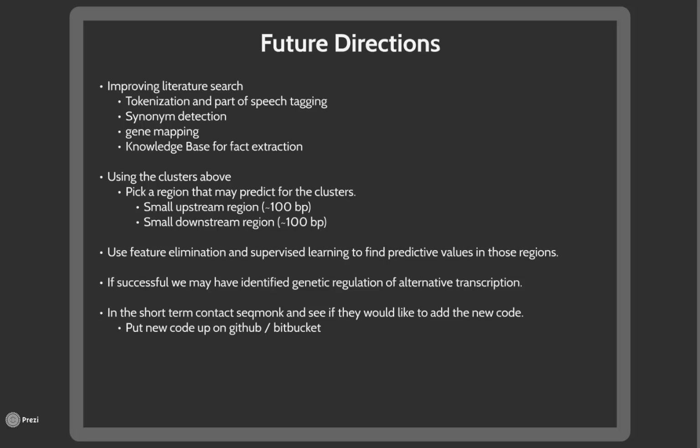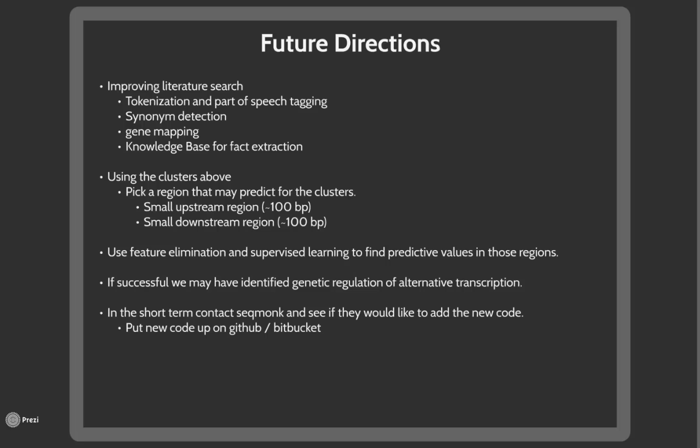It would be interesting to create a knowledge base. There are some algorithms for using natural language processing for creating knowledge databases from literature. This would be an interesting thing to try with these clusters. And we could use the clusters to analyze upstream and downstream regions and try to figure out if we could predict which cluster a gene would belong to by analyzing those regions.